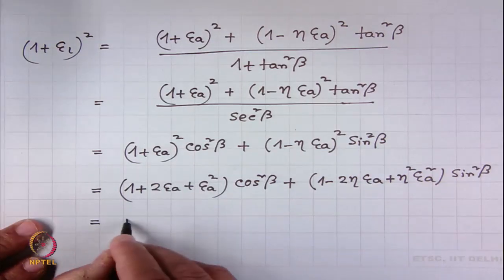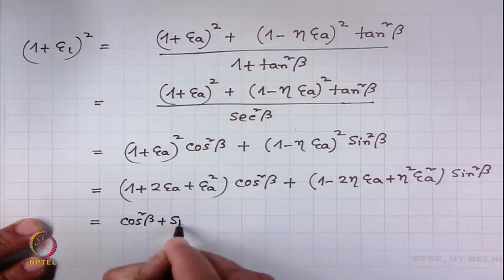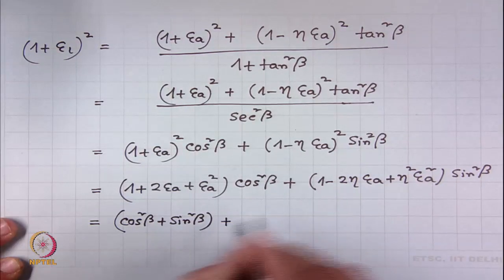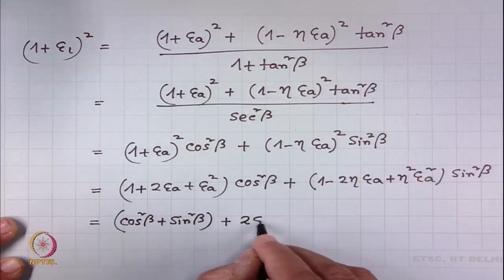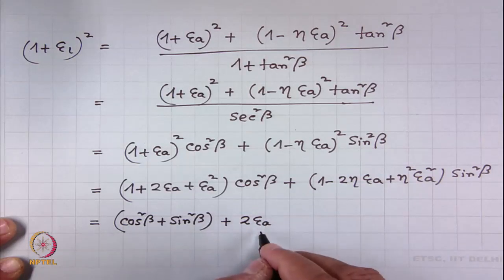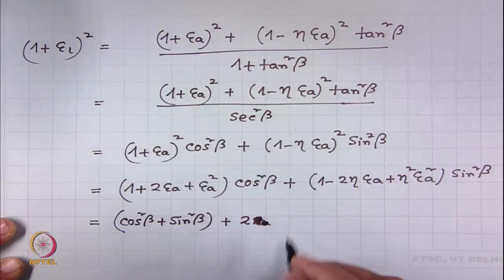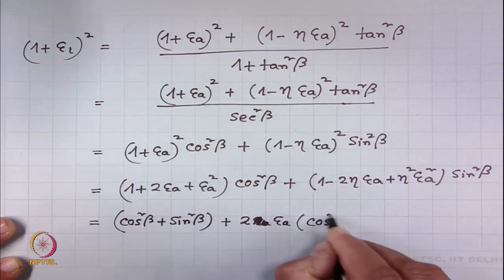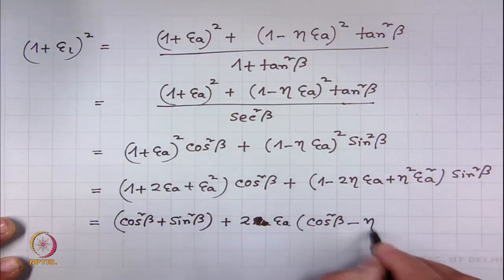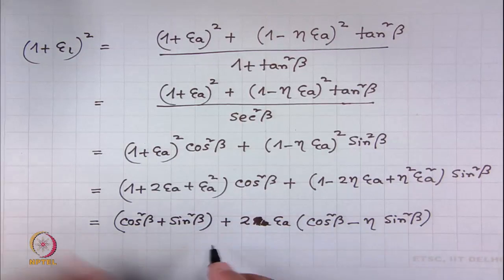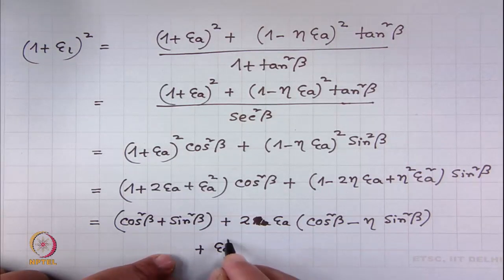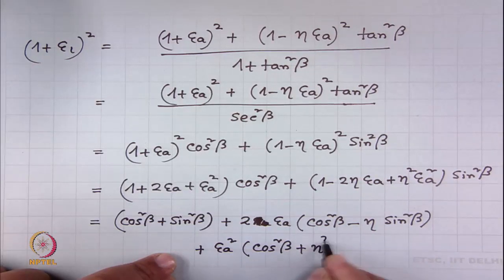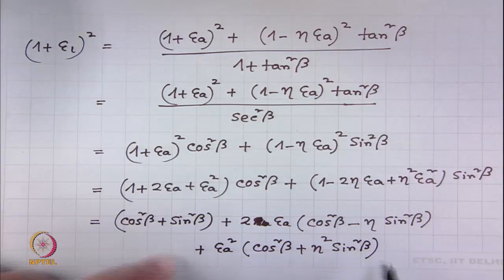Then we see that cos square beta plus sin square beta, plus 2 into epsilon a cos square beta minus eta sin square beta, plus epsilon a squared cos square beta plus eta squared sin square beta.